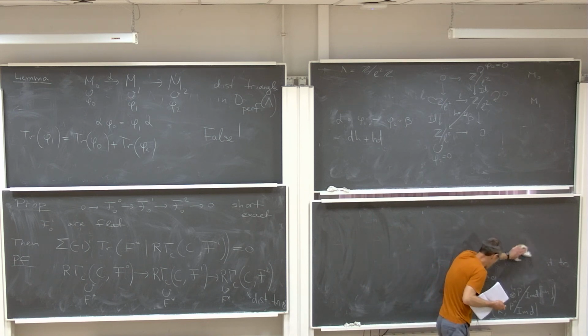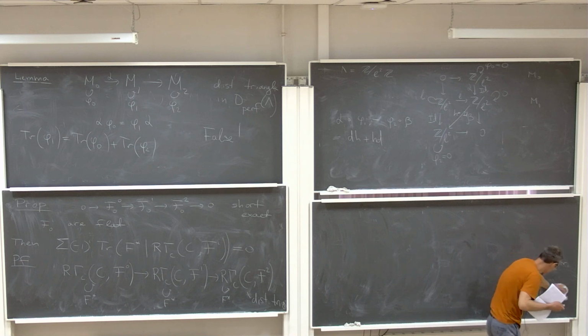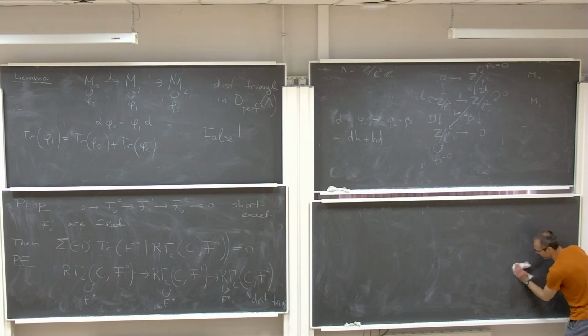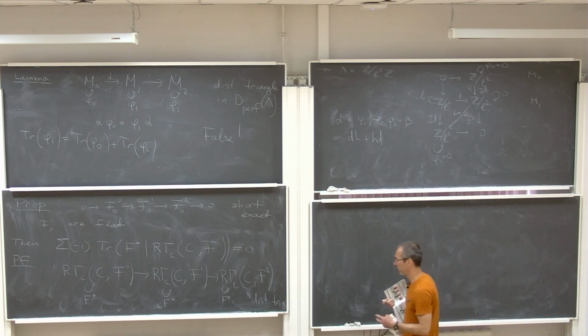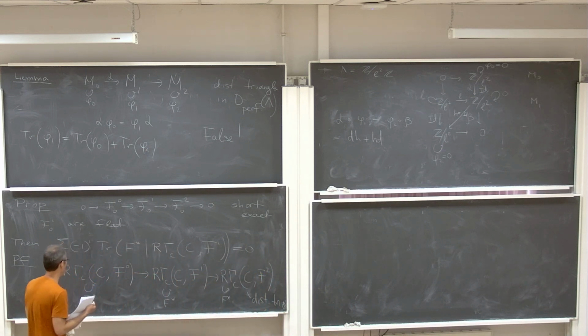But there is a general philosophy that the derived category itself forgets too much information. So there is something called a DG category or infinity category.